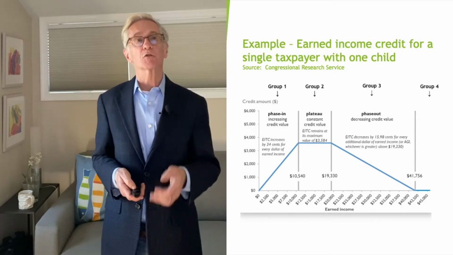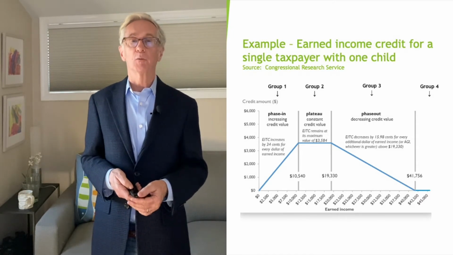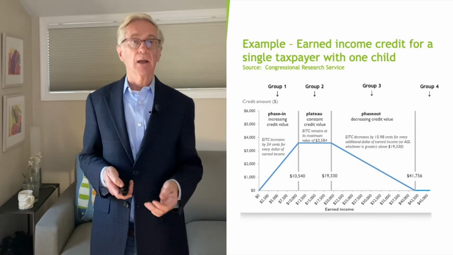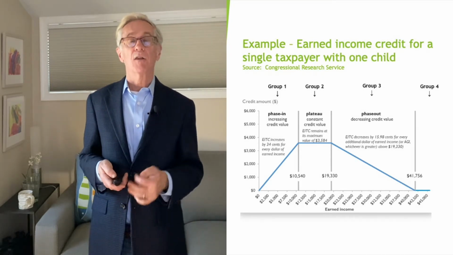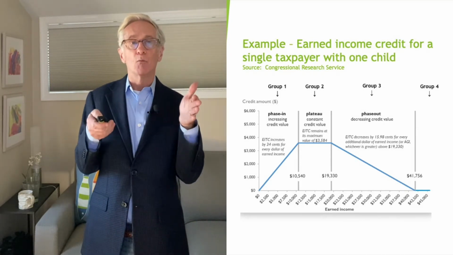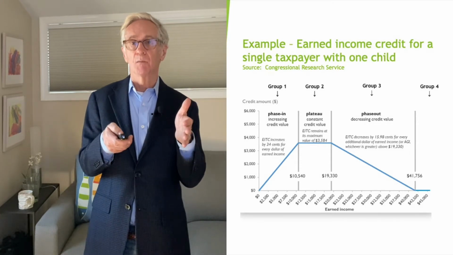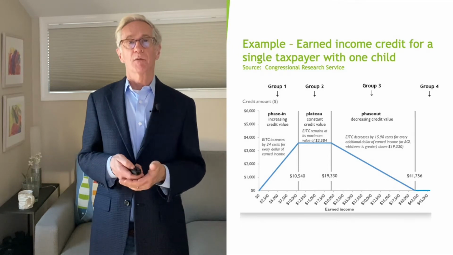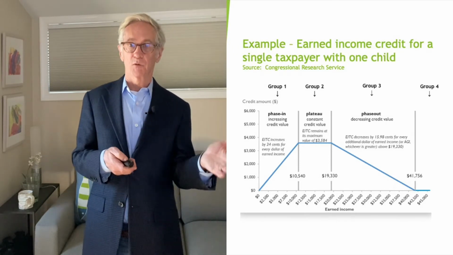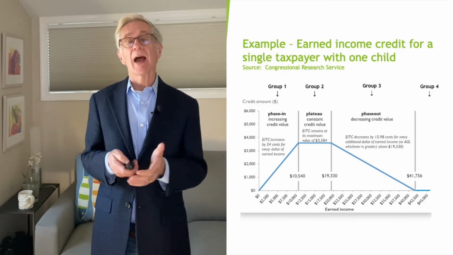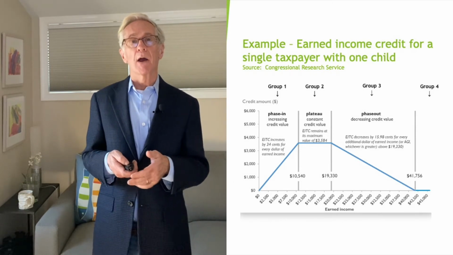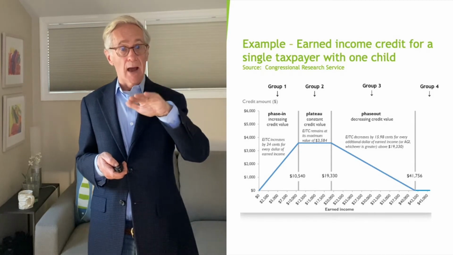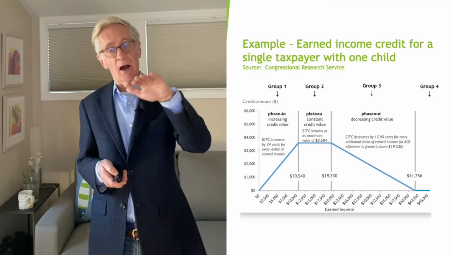We have the first group, which they call the phase-in group, where the higher the income, the higher the credit. Then you get to group 2, which they call the plateau group, where everyone within that range of earned income gets the same dollar amount of credit. Then we get to group 3, and they make more money than groups 1 and 2, and they call that the phase-out group, where the more money they make, the less their earned income credit, so that line then is going down.